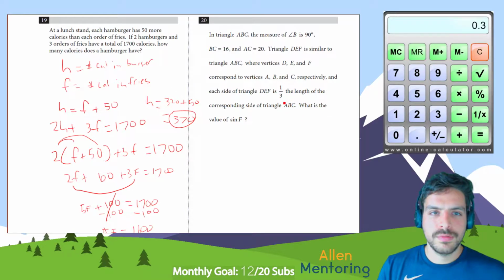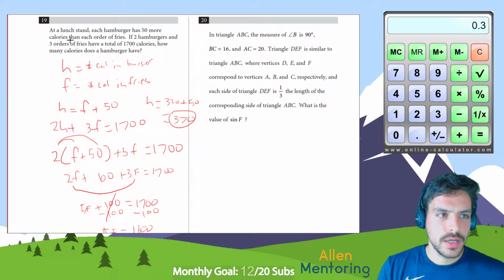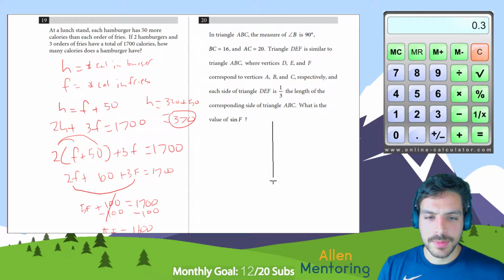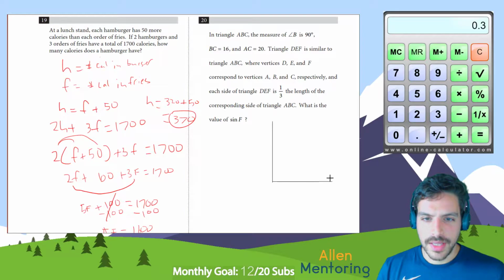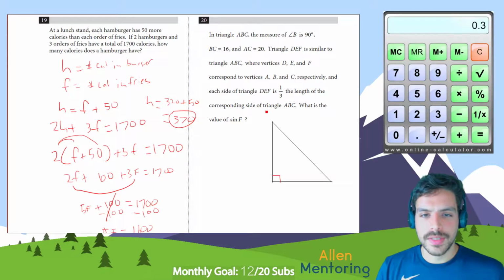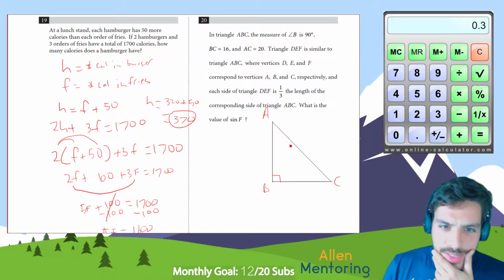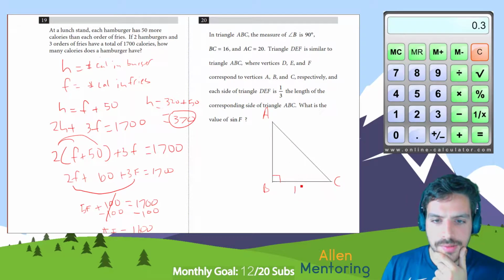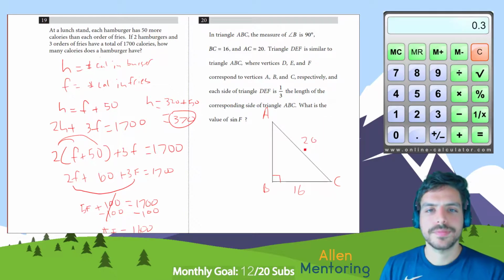So before I go too much further, let me just draw how I think ABC is supposed to look. It'll be like this, that'll be like that, and that'll be something like that. So this is A, B, C, and we see that BC is 16, AC is 20.